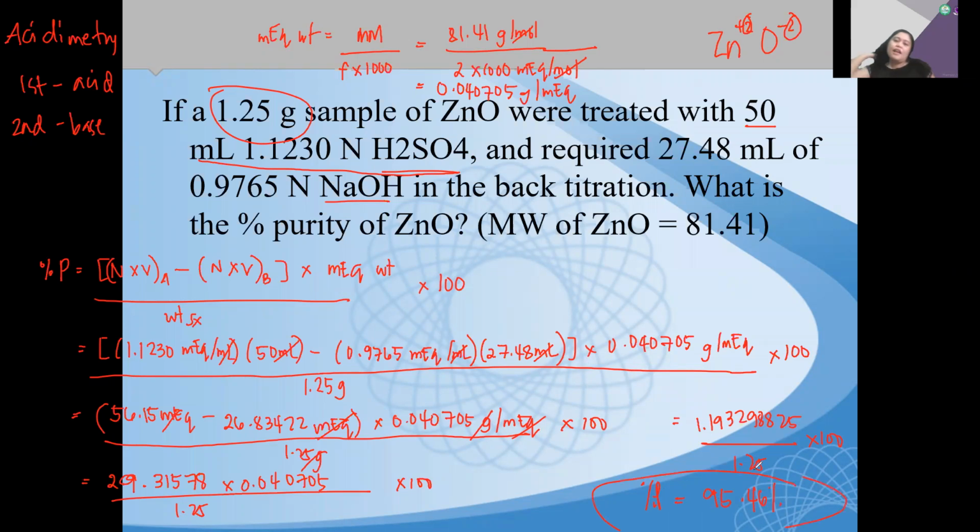Okay, so that's how you do the computation for the percent purity of a substance that is standardized using residual or indirect titration. Medyo mahaba, but just please be patient. Okay? And then review your solution if tama ba talaga ang ginawa ninyo.